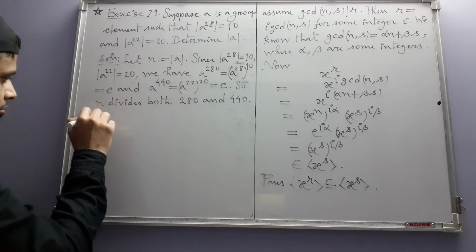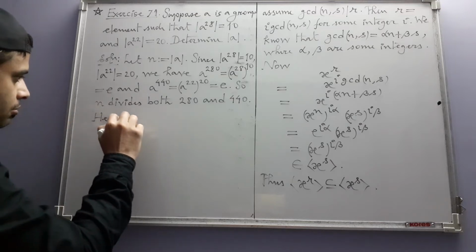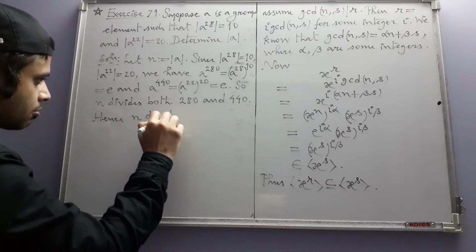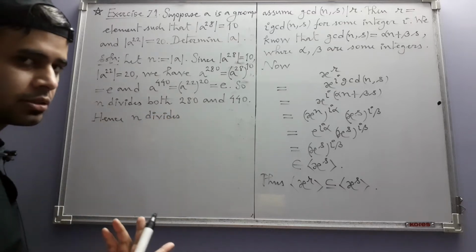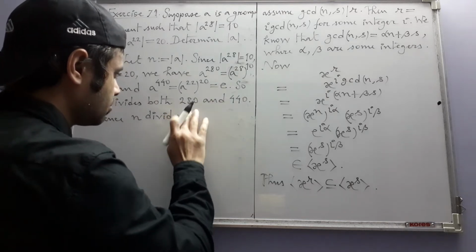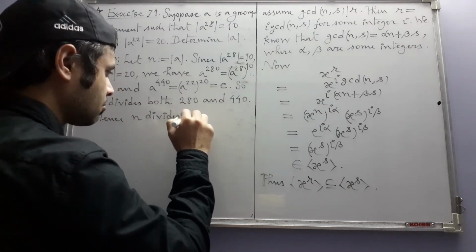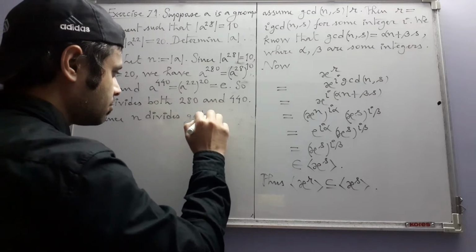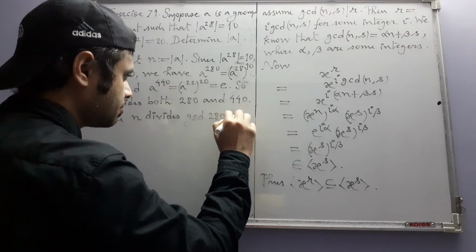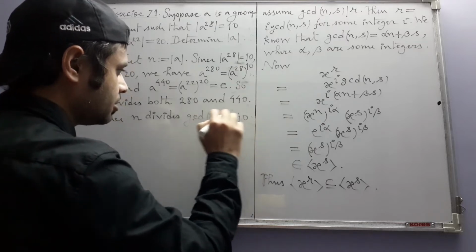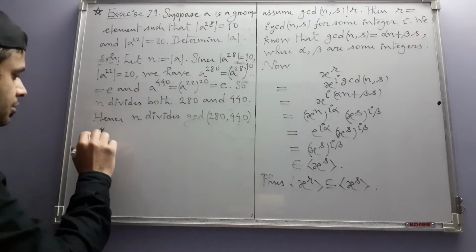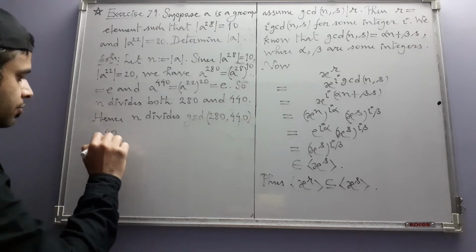Hence, n divides their greatest common divisor also, by property of GCD. GCD of 280 and 440 turns out to be 40.